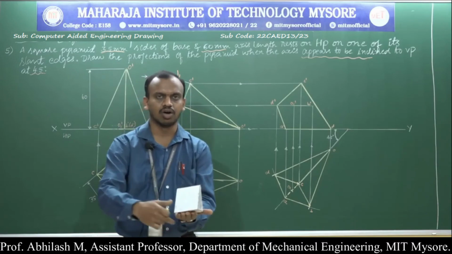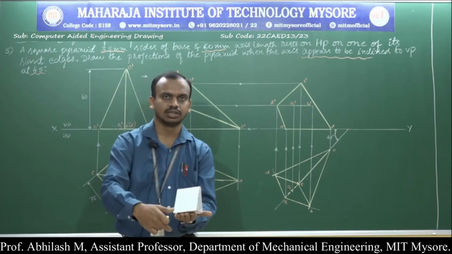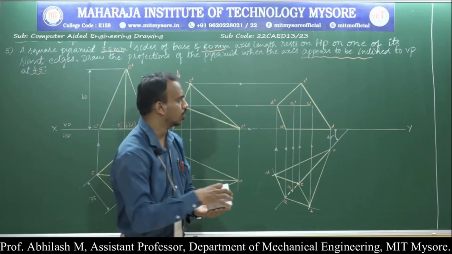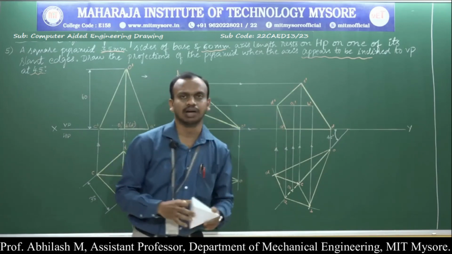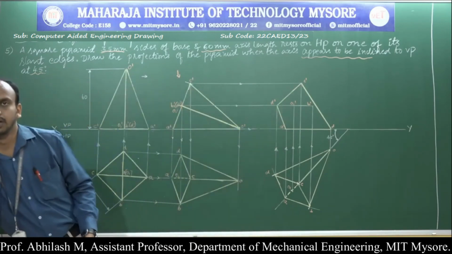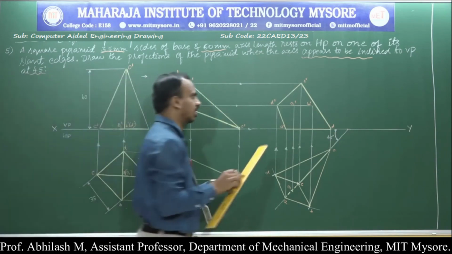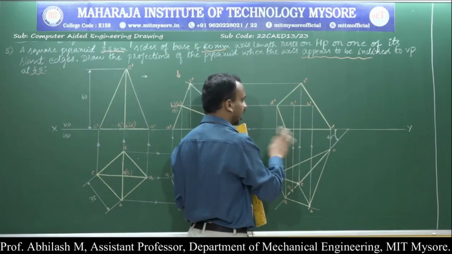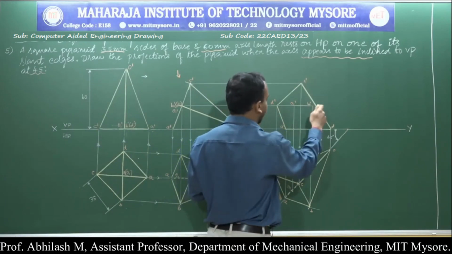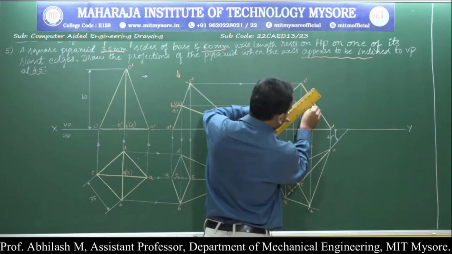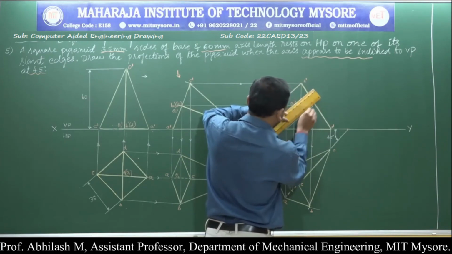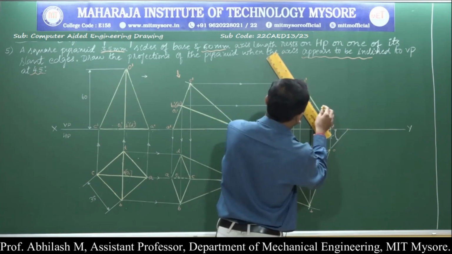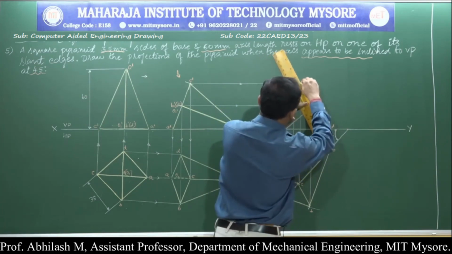He can clearly see all the base edges completely, so I can make them completely visible. C dash to D dash is already done. A dash to D dash is done. The left out is C dash to B dash and B dash to A dash. So connect from A dash to B dash and again from C dash to B dash.